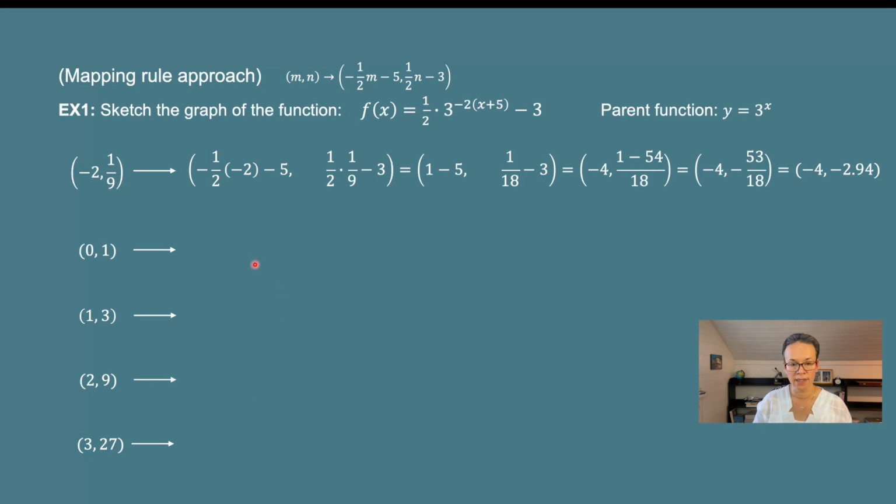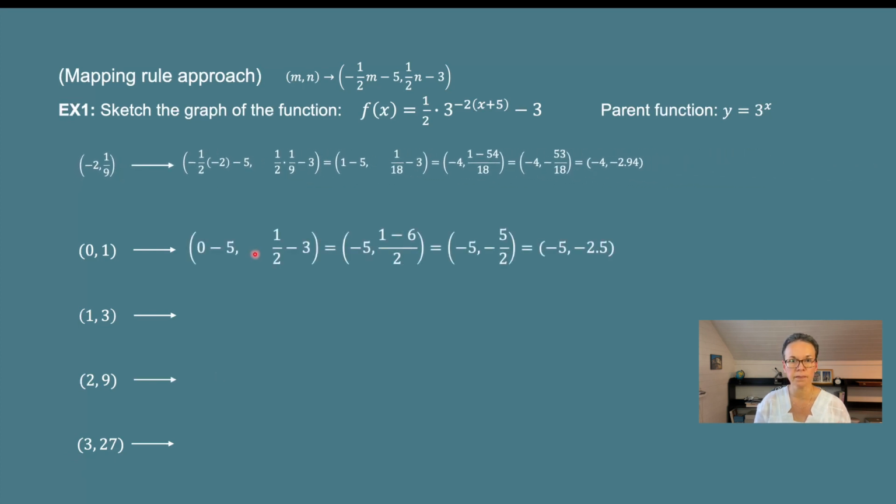Here you can see the same calculations that we just derived for the first point, and we will now follow the same approach in order to find the image of the other 4 points that we have here. Here you see that I am applying the same mapping rule and following similar computations to obtain the image of 0, 1.